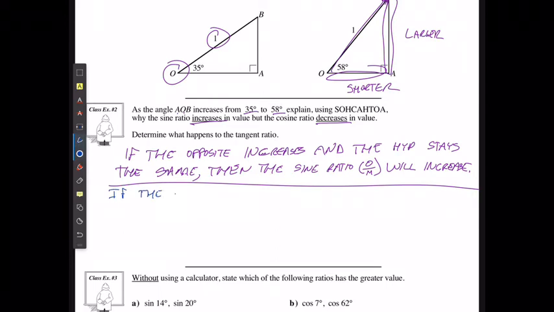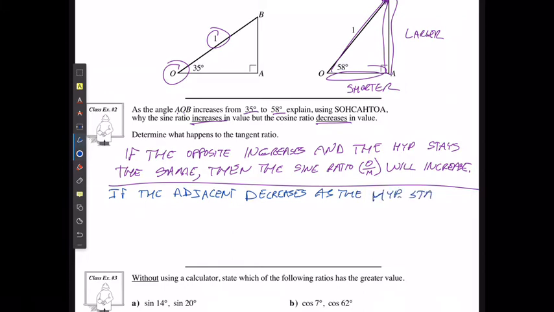If the adjacent decreases, as the hypotenuse stays the same, then the cos ratio of adjacent over hypotenuse will decrease.